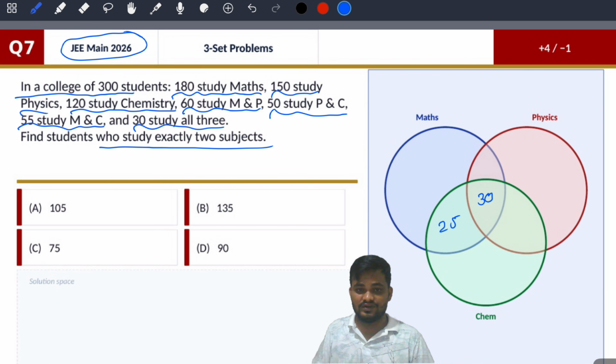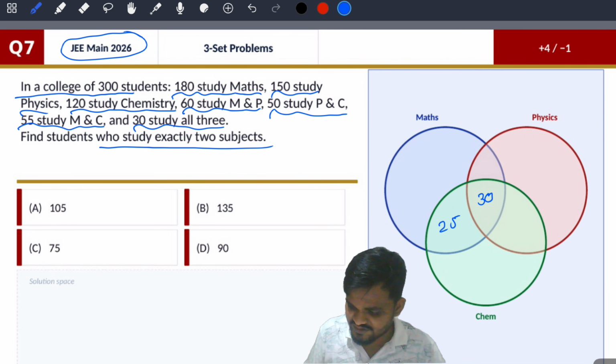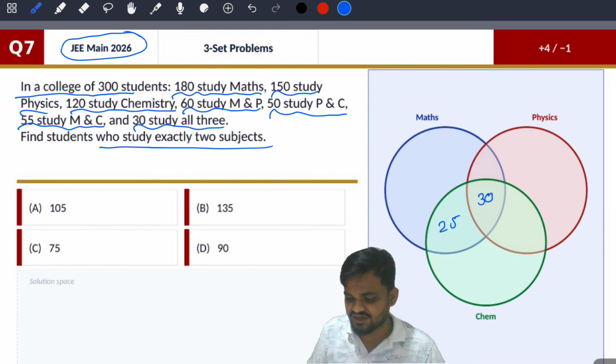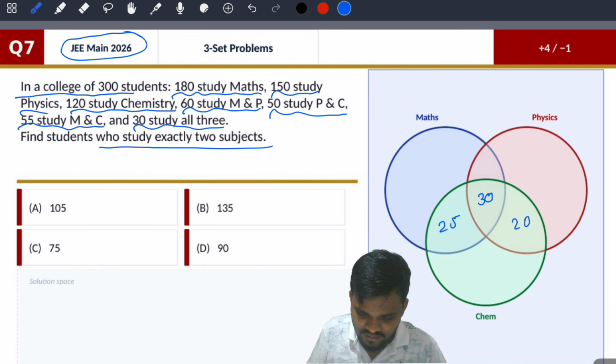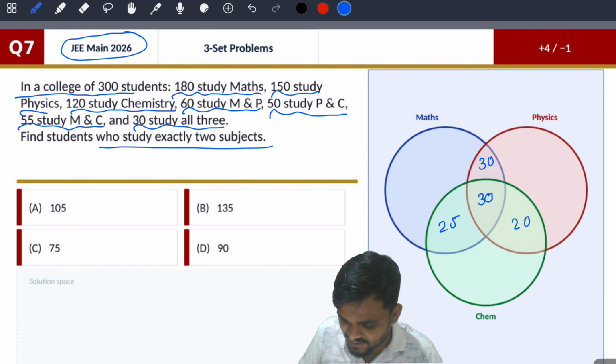I am just keeping the calculation. Then 50 study physics and chemistry. Physics and chemistry 50. Out of 50 already 30 done. That means 20 only. Then 60 study math and physics. Math and physics 60. Out of 60 already 30 study all. That means 60 minus 30 becomes 30.